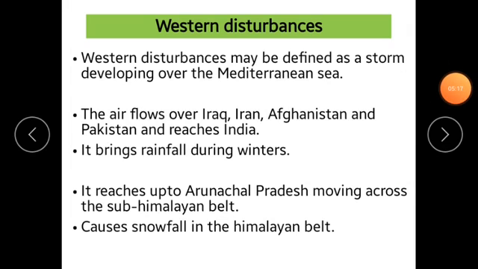It may be defined as a storm that originates in the Mediterranean Sea, which brings sudden winter rain to the northern part of the Indian subcontinent. The air flows over Iraq, Iran, Afghanistan, Pakistan, and then reaches India, and it goes up to Arunachal Pradesh. It brings rainfall during winters and also causes snowfall in the Himalayan belt.